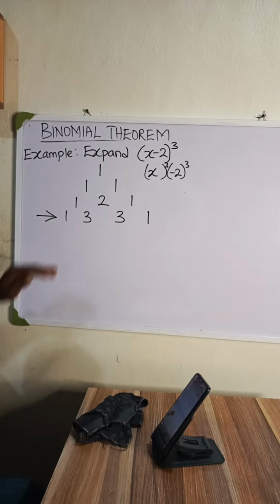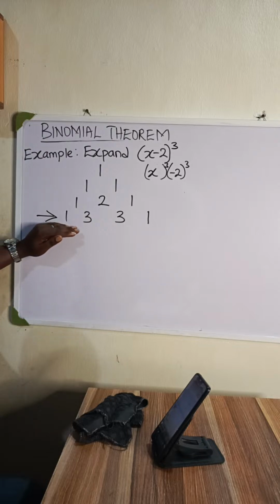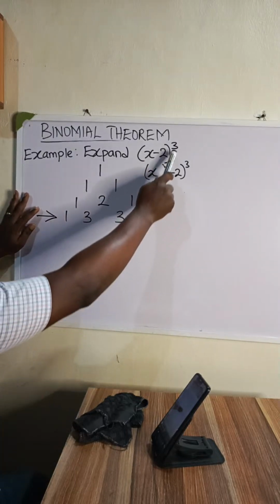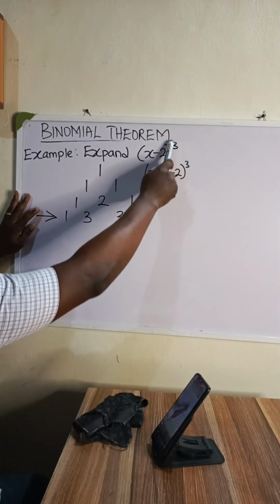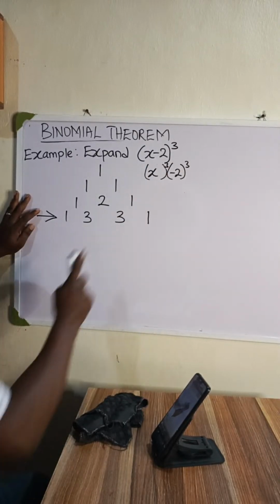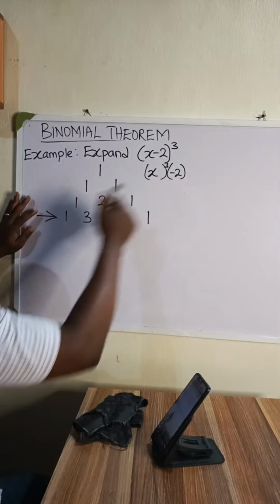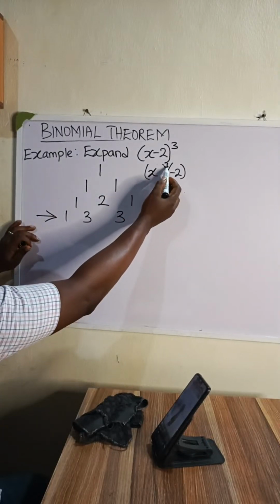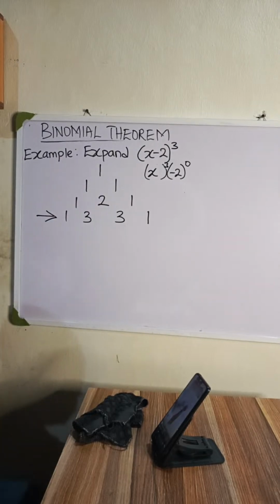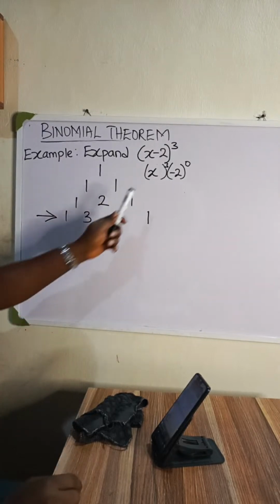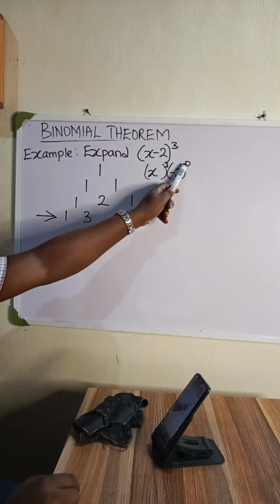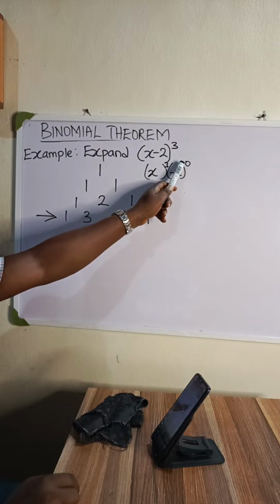But as we move from left to right, we are going to ensure that the maximum exponent is going to be 3. Here, if you look at it, you have 3 plus 3, this is 6. So x is going to have the maximum exponent, and minus 2 is going to have 0. So it's going to be x to the power of 3, and minus 2 is going to have 0 as the exponent.